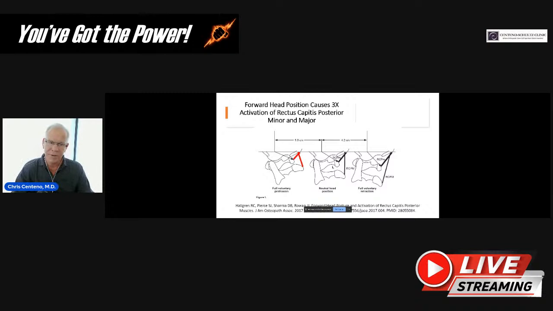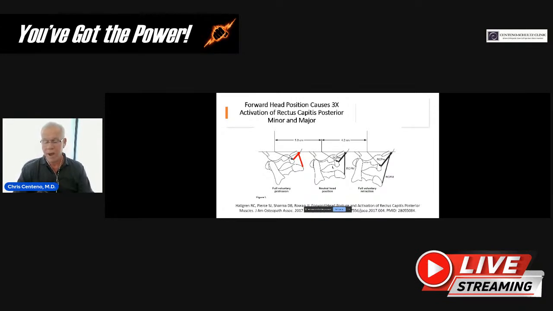Another thing that's incredibly important to understand here is that forward head position causes 3 times the activation of these muscles, the posterior minor and major. If you've got a neutral head position, they're not all that active. But if you have a forward head position, which many of us do because we do this all day looking at our phones, or at a keyboard or a computer screen.